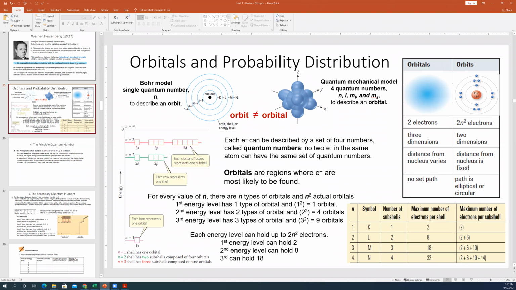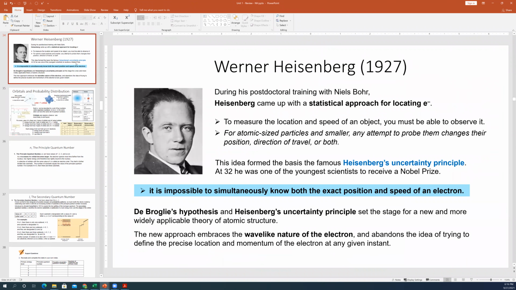And if you recall, Heisenberg came up with the idea that it was impossible to know exactly both the position and the speed of the electron.